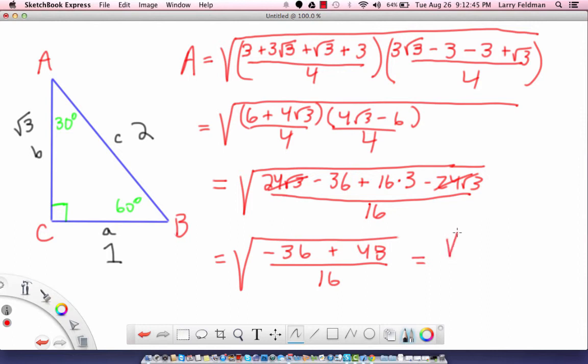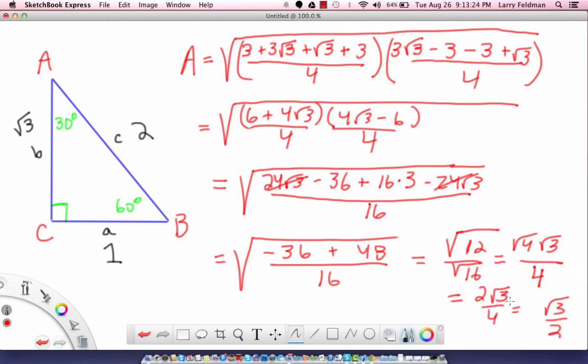Let's split the numerator and denominator: square root of 12 over square root of 16, which is root 4 times root 3 over 4, which is 2 root 3 over 4, which is root 3 over 2.